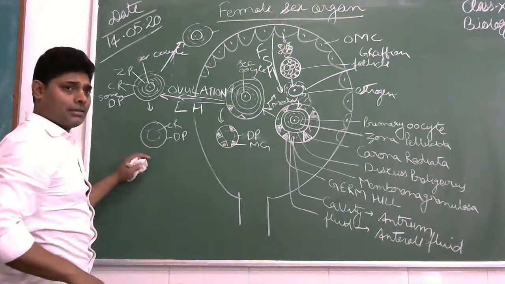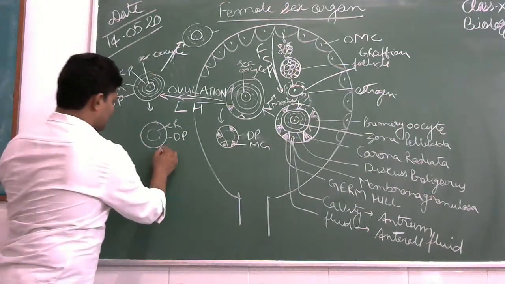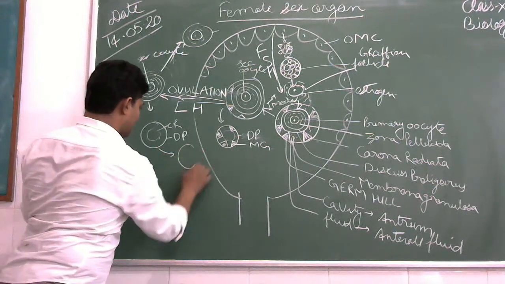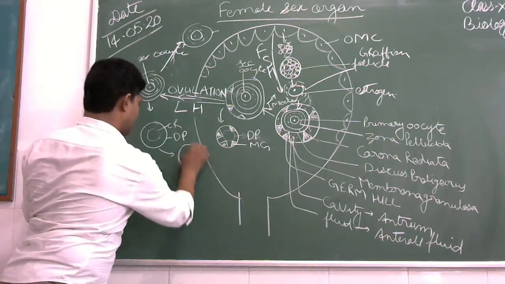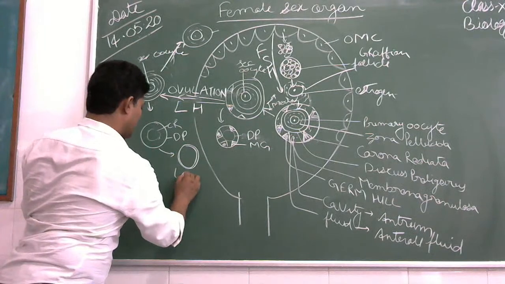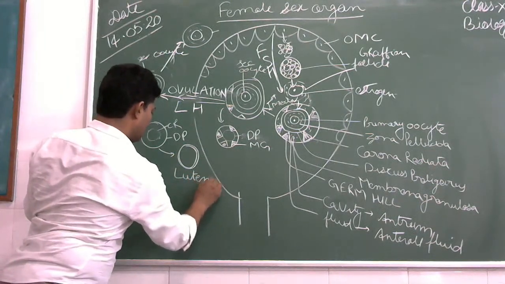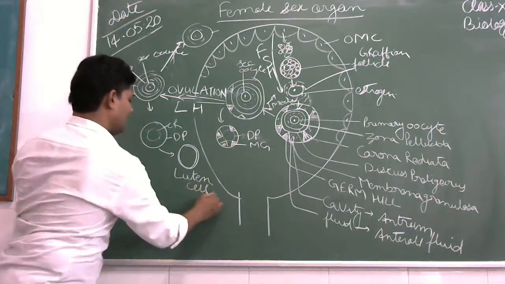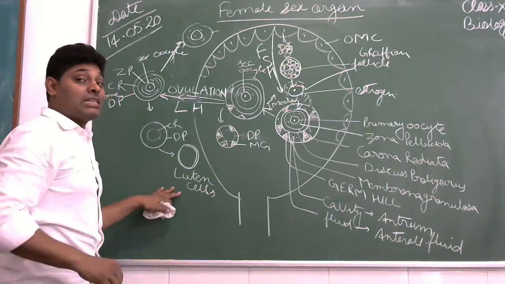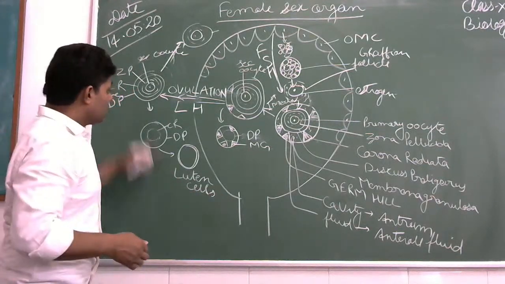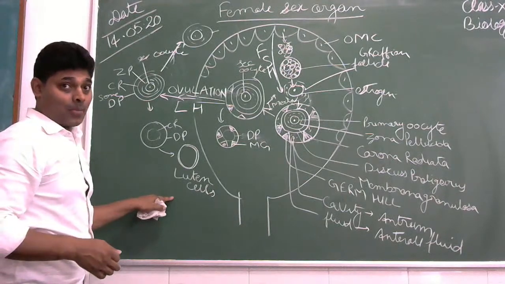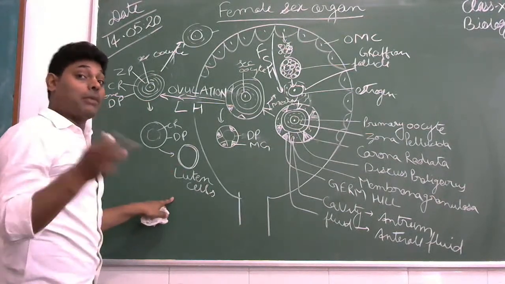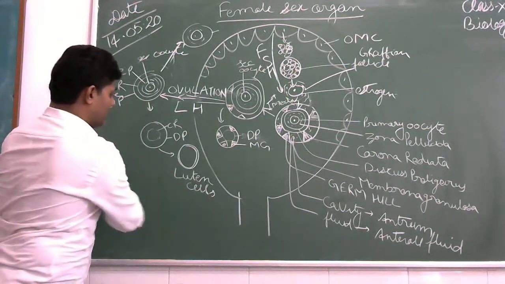They again set off, and then they become the lutein cells. Lutein means secretory cell. So this is the luteal phase. I will tell you further in the menstrual cycle. This is the lutein cell.